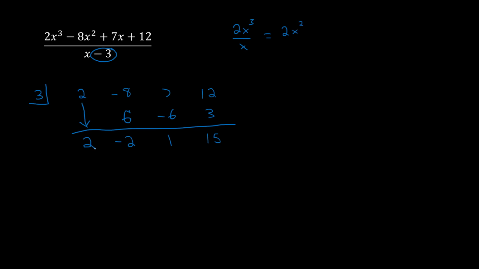So this first term is going to be to the second power, so x squared, and then the minus 2 goes with the next degree, so x to the first power, or just an x, and the 1 is going to be just the constant, and the 15 is the remainder. And the remainder you write as a fraction. So 15 over the x minus 3. And that's going to be your solution.